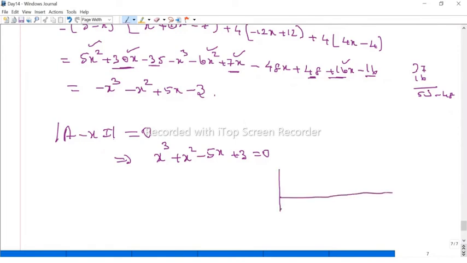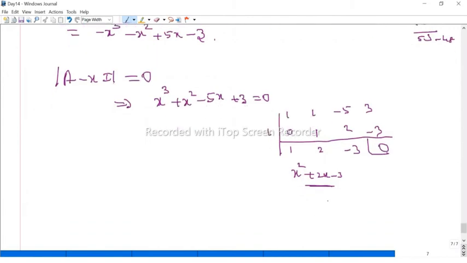If you go to synthetic division, 1, 1, minus 5, 3, so we guess that 1 is a root, therefore 0 plus 1 is 1, 1 into 1 is 1, 1 plus 1 is 2, 1 into 2 is 2, 2 plus minus 5 is minus 3, 1 into minus 3 is minus 3, is 0. Therefore the corresponding quadratic is x square plus 2x minus 3. Okay, therefore what are the roots of this one? 1 and 3.